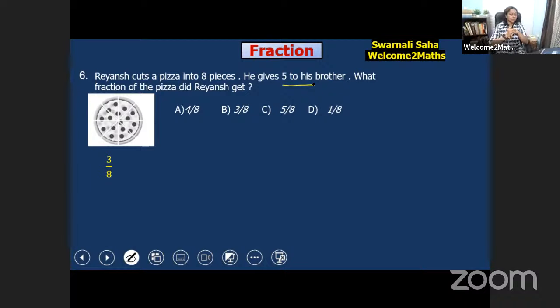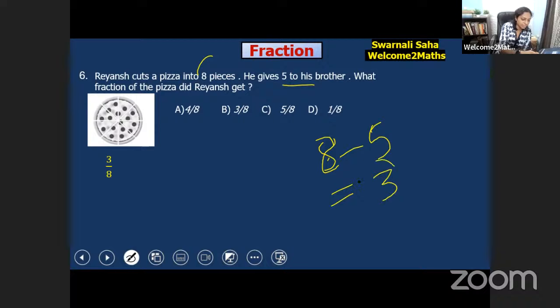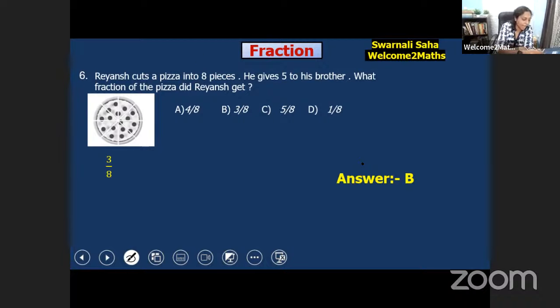The answer would be 3 by 8, because there are 8 pieces of pizza and he already gave 5 pieces to his brother. So 8 minus 5 is 3. That means Riyansh got 3 parts out of 8. So the fraction is 3 by 8, obviously. So answer B is the right one.